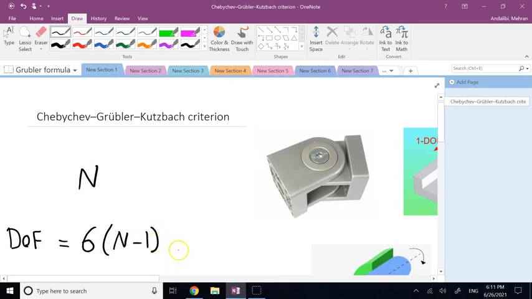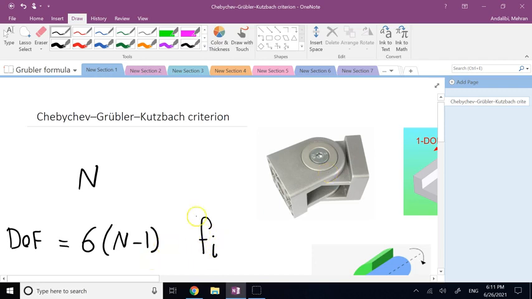So it says, if you have, let's say, k constraints, and each one of them has some reduction in degrees of freedom, correct? If you show it by f, for example, small f, then f sub i means the degrees of freedom that the ith constraint takes away from the total system.